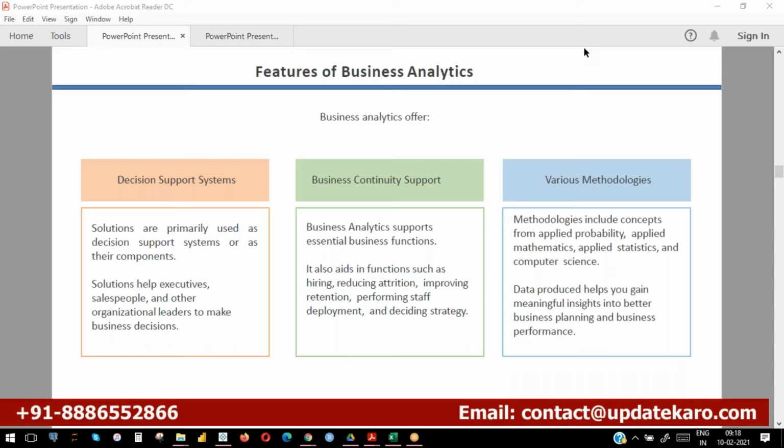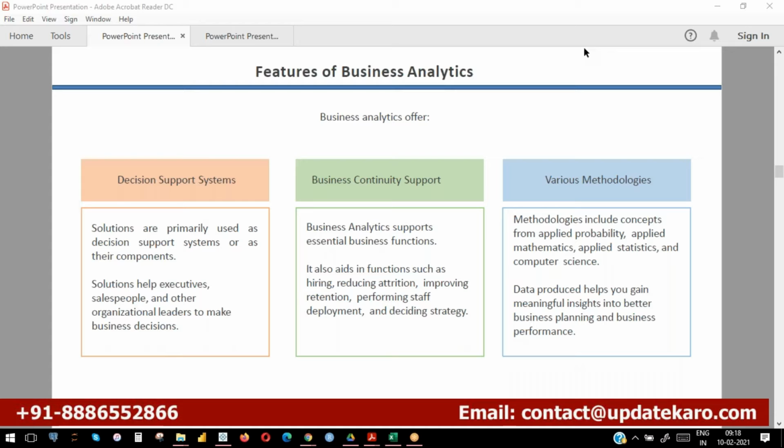And third one is various methodologies. Methodologies includes concepts from applied probability, applied mathematics, applied statistics, and computer science. As I told you, these are the tools that are needed for our business analytics.